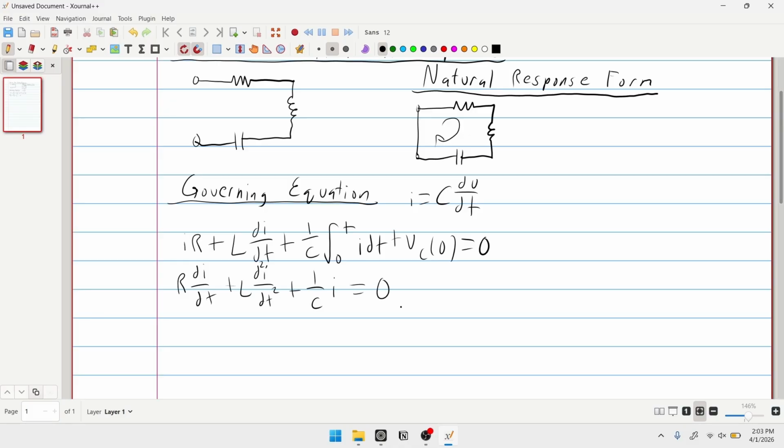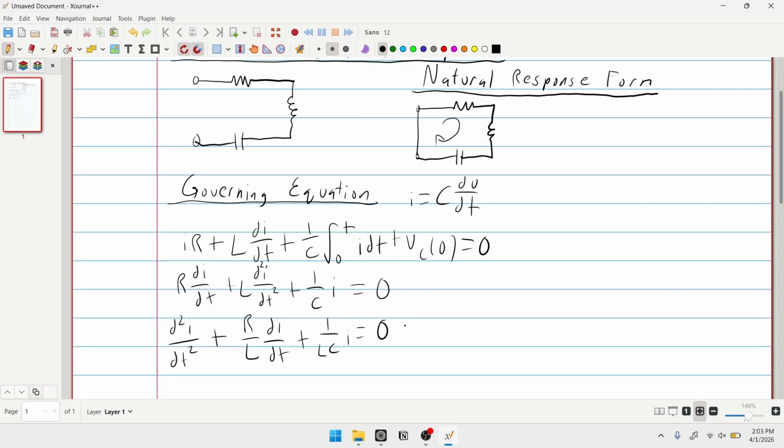So after rearranging, and dividing both sides by L, we get d squared i dt squared plus R over L di dt plus 1 over LC I equals 0.